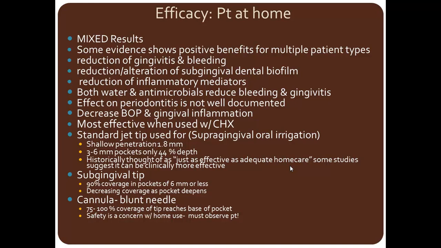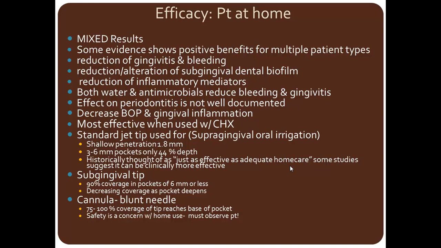So historically it was thought of as just as effective as adequate home care, but some studies suggest that it could actually be clinically more effective. Then there are subgingival tips, which have basically 90% coverage in pockets of 6 millimeters or less, with decreasing coverage as the pocket depth gets deeper.